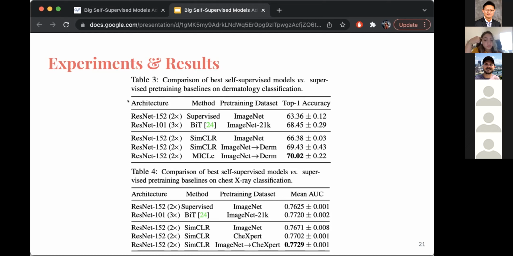But if we look at the training cost, you have to pre-train on ImageNet, then go to CheXpert. Do you really want to do this to gain only 0.2? Is it worth doing this? It's questionable.